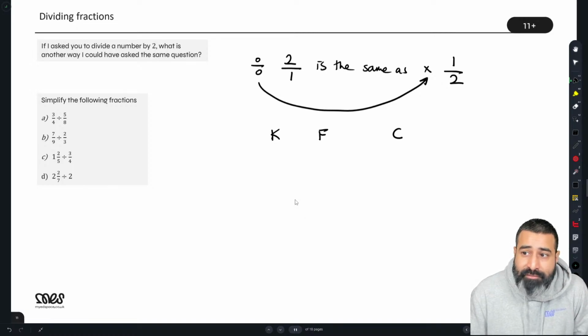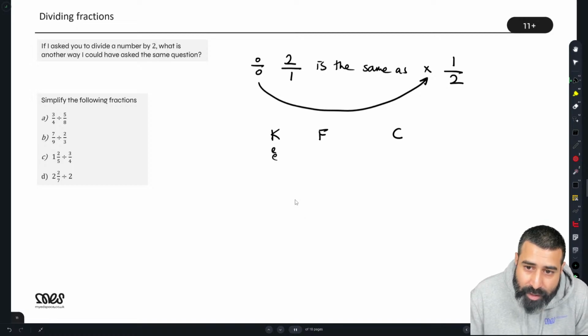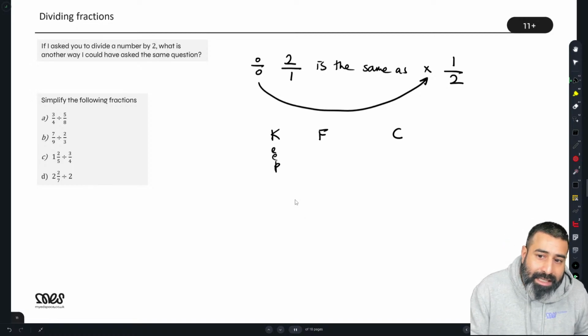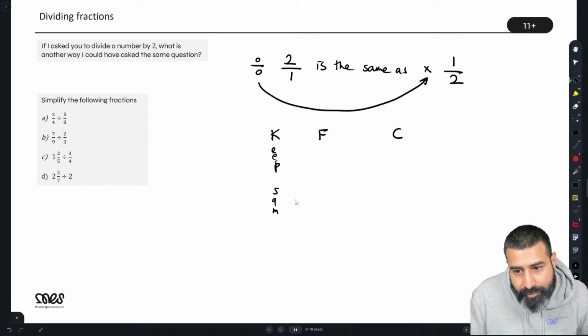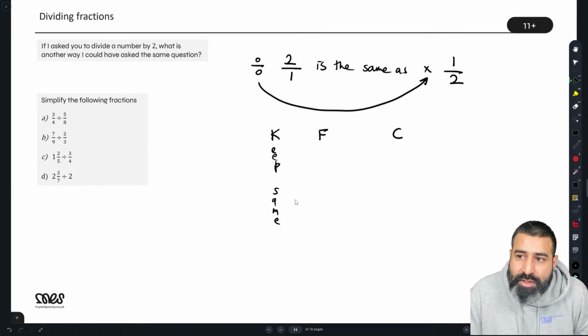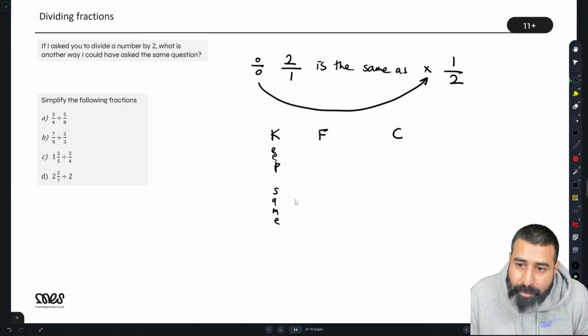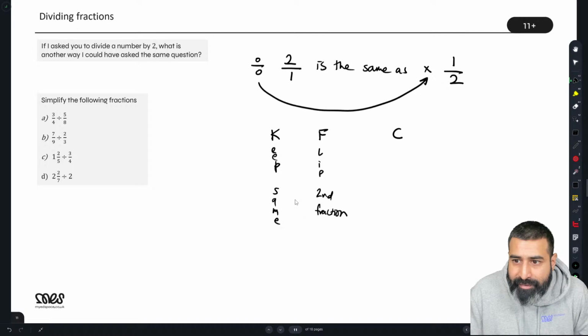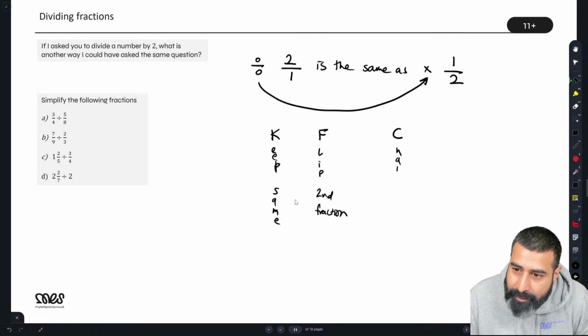But we're going to write it in fraction form, so 1 over 2. So, K stands for keep the same, okay? So, the first fraction we're going to keep the same. What we're going to do is we're going to flip the second fraction. And then what we're going to do is we're going to change the sign, okay?